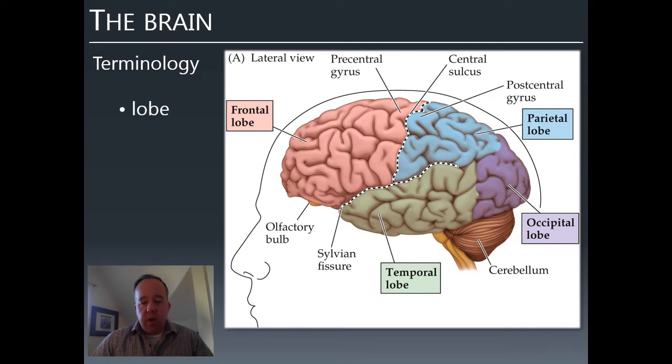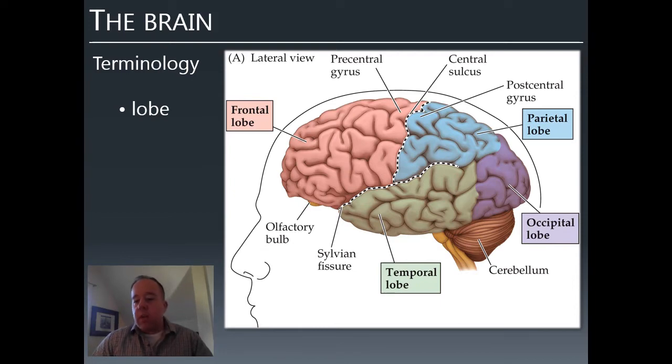Within each hemisphere, you have four lobes, and they are labeled here on this diagram from your book. On the left, you have the frontal lobe, and as it sounds, it is located in the front of the brain. Just behind it, moving to the right on this diagram, since we are looking at the person from the side, is the parietal lobe.